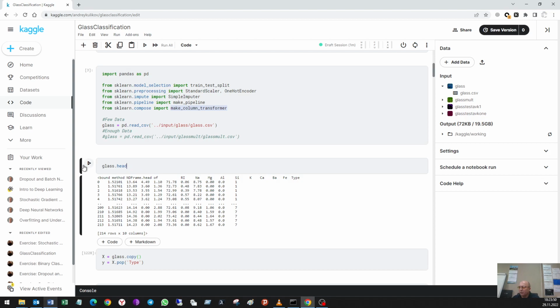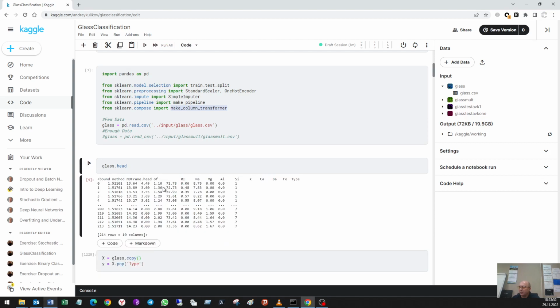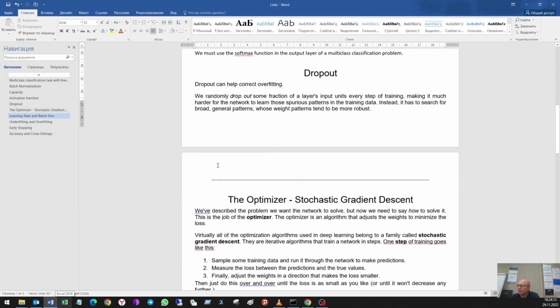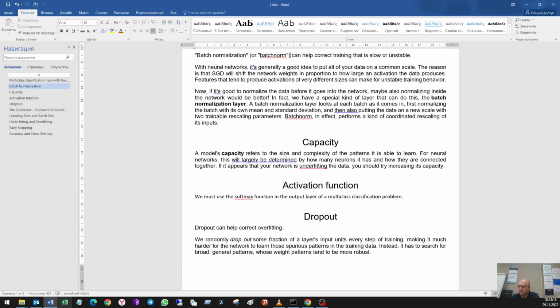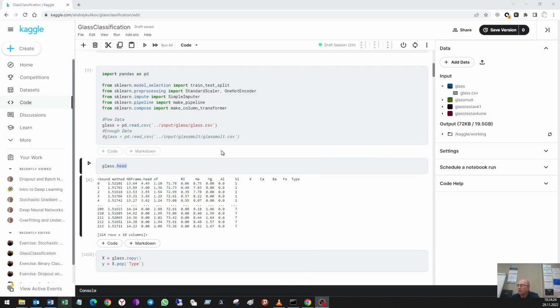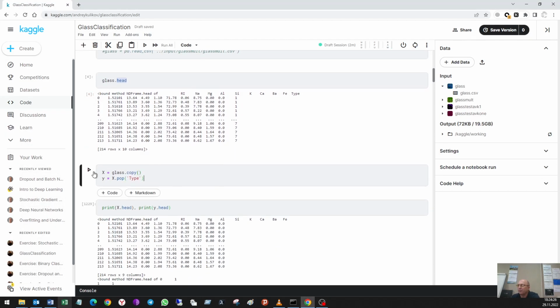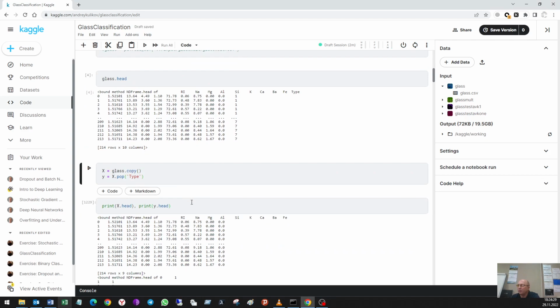I see the following thing: the values of the columns differ, so I certainly have to do some normalization.